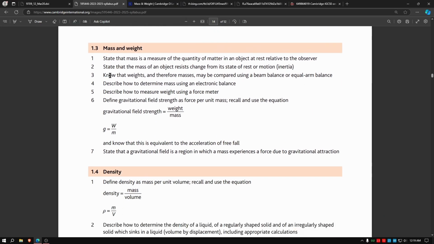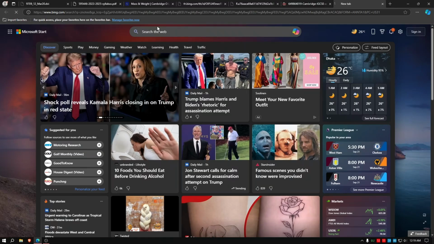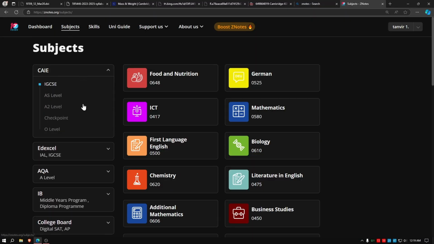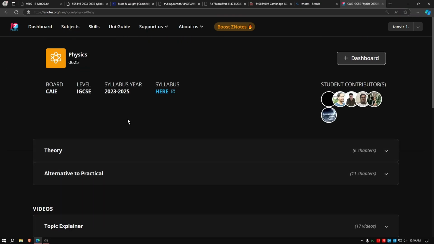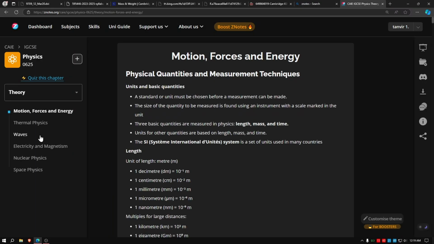So let us start, and let's see if Z notes works. Before starting the video, I tried to check Z notes and it did not work. Well, it works now, so we'll be using it. We'll be using the IGCSE notes for physics, theory, chapter 1.